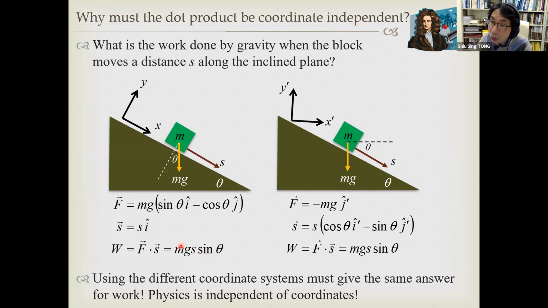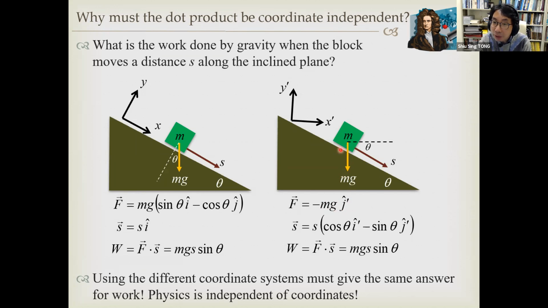But I can also work on the same problem using other coordinates. I can define the x prime axis to be in the horizontal direction, while the y prime axis is in the vertical direction. In this case, the force that I'm concerned with is the weight. It only consists of one component. That component is the y component. It's minus mg j prime, right? Because it's vertically downwards.